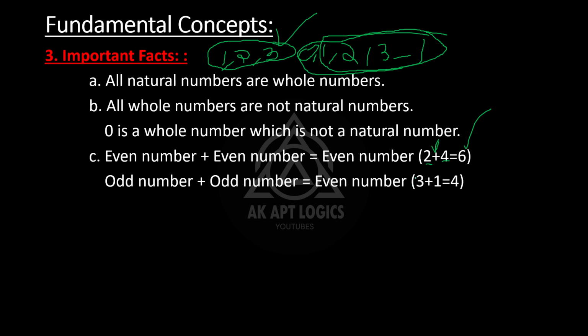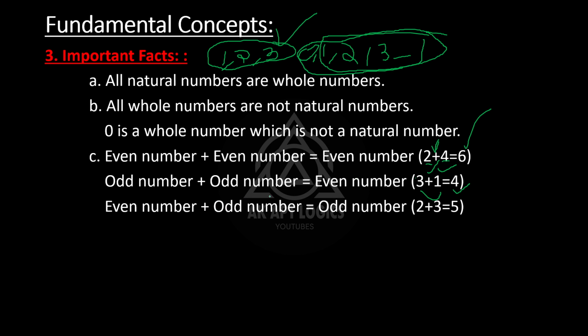Suppose 3 is an odd number, 1 is an odd number, and we perform addition between the two odd numbers, we get 4, which is an even number. Even plus odd number equals odd number. Similarly, 2 is an even number, 3 is an odd number. When we perform addition between an even and an odd number, the result will be an odd number, which is 5 in this example.